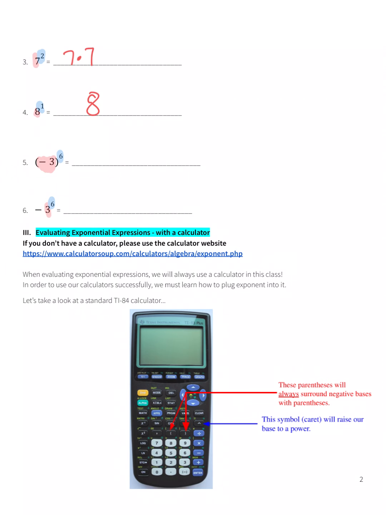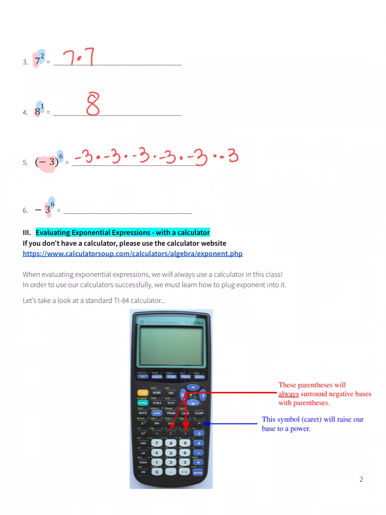Because the negative number is in parentheses, and that's our base, and it's to the 6th power, that means we multiply -3 by itself 6 times. -3 times -3 times -3 times -3 times -3 times -3. Beautiful.